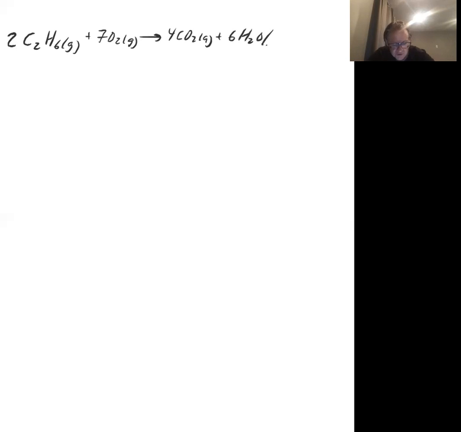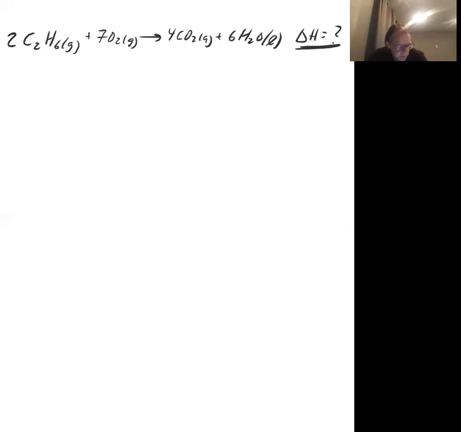Now again, the question is, what's delta H for this? Okay. It also says use the information in the ALEX data tab. So right there, that's telling you you're going to look up these values.